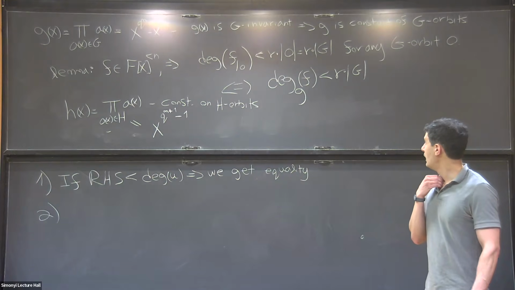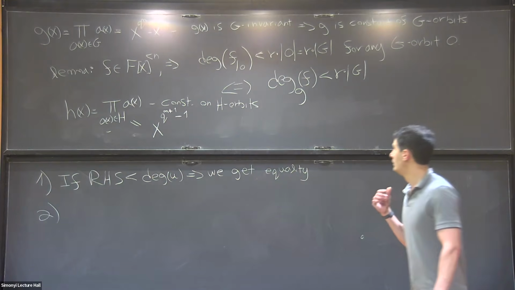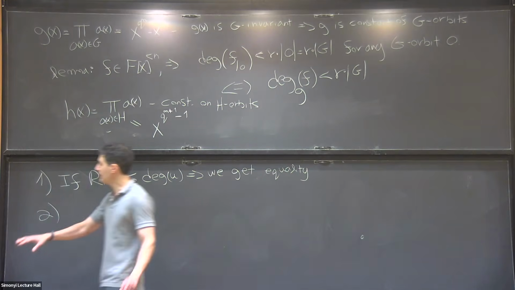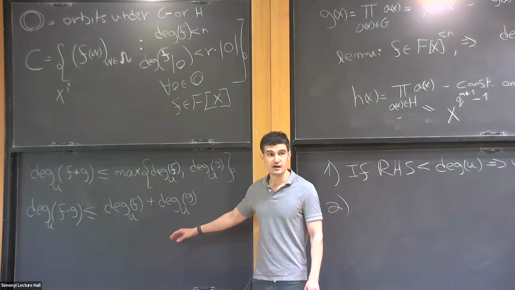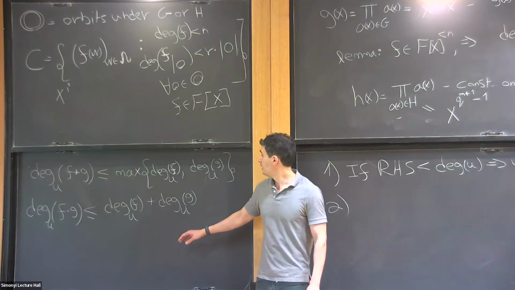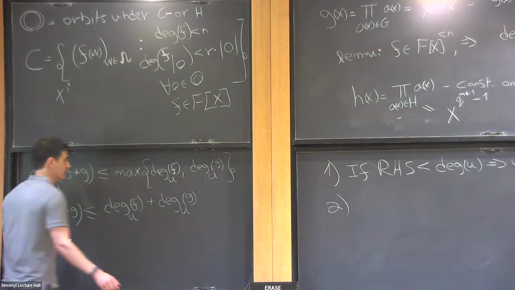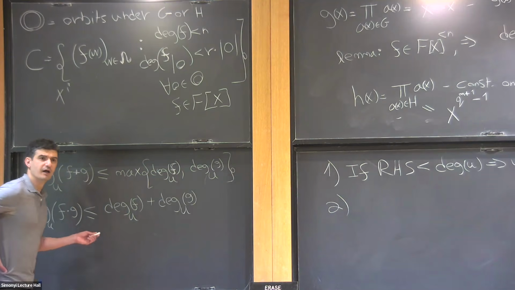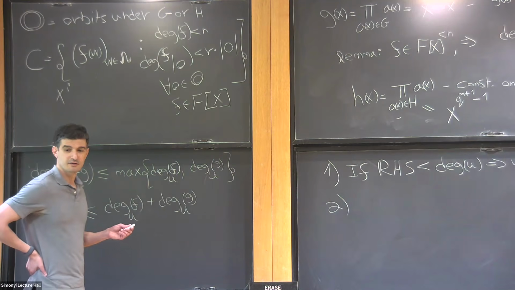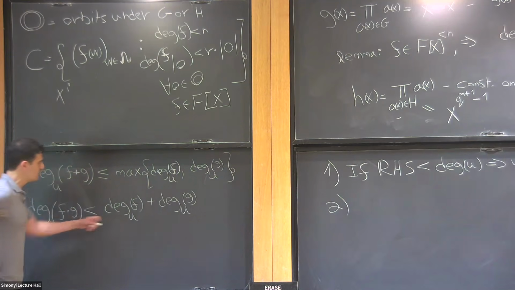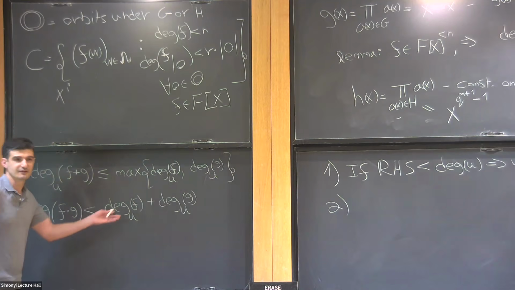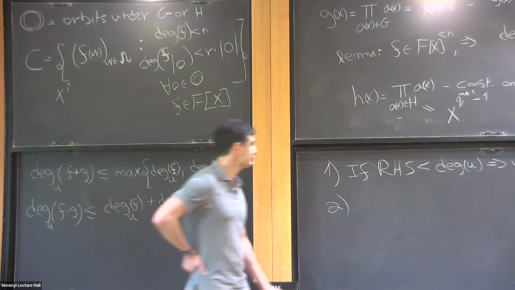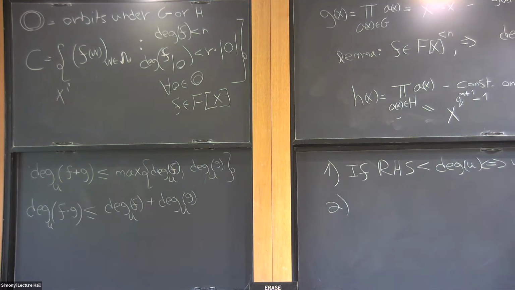If there is equality, then the right hand side can be more than the degree, because this is trivial, it's easier. Yeah, this is true. Agree.